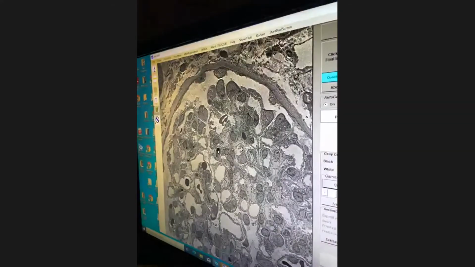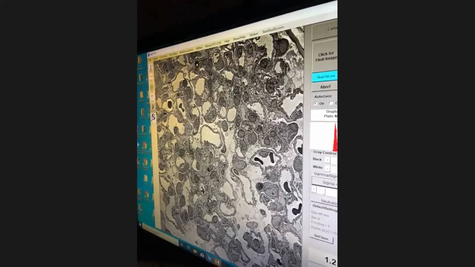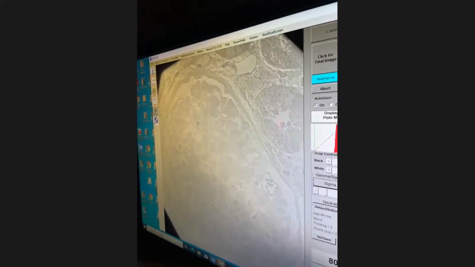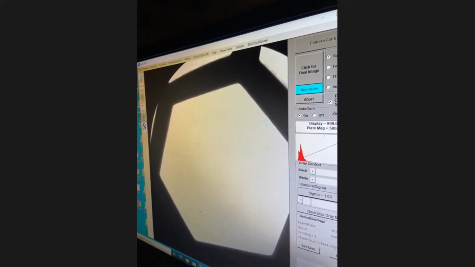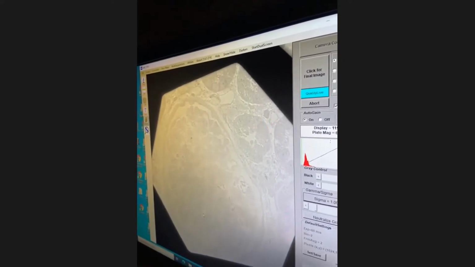At 15,000, I don't even know what that means. So 15,000 magnification is how zoomed in we are on that tiny piece of tissue that you saw us put in the middle of that grid. We've zoomed in and we're just looking at the basics of that. So you can see here, this is one single grid spot that was originally on that grid that has 100 spots, and that glom sits within this one spot.